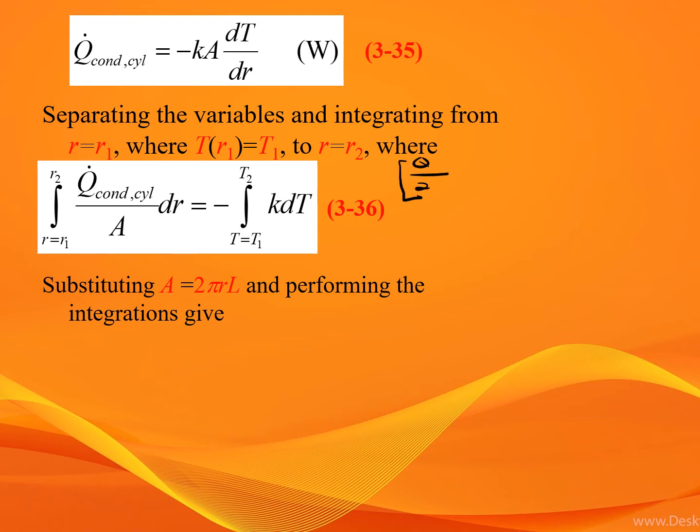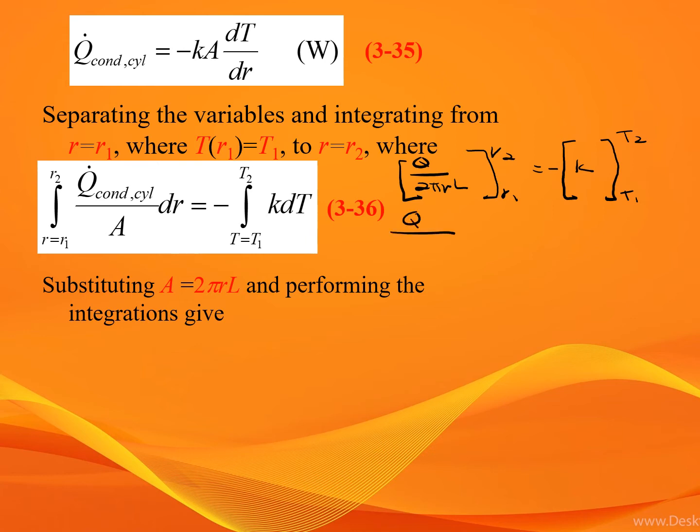Q is equal to 2 pi RL. So integrate from R1 to R2. Okay, is negative K. We integrate from T1 to T2.